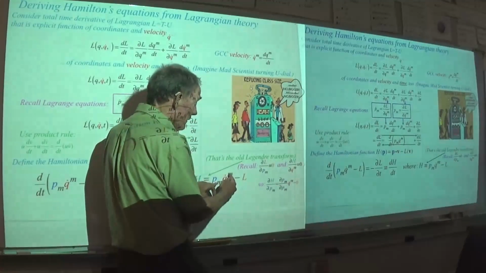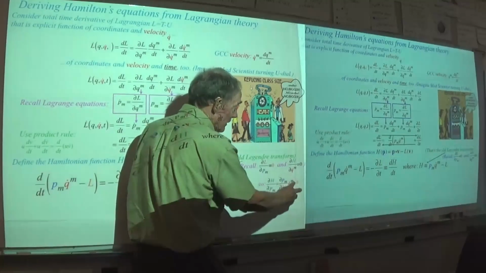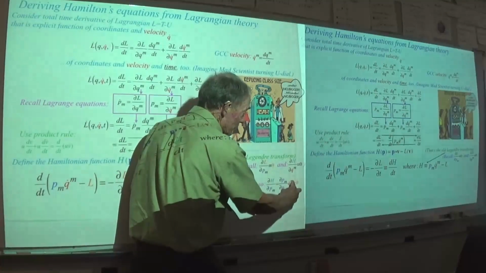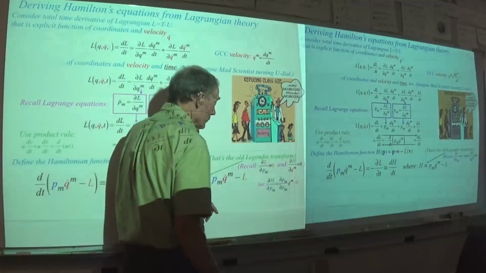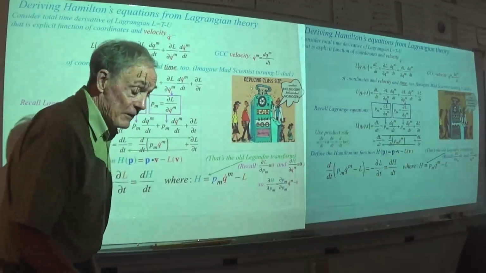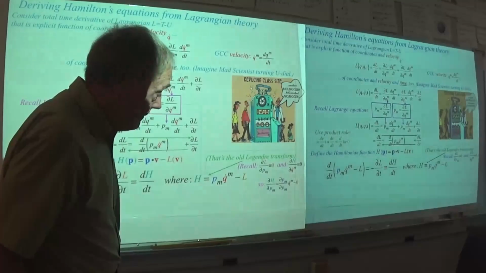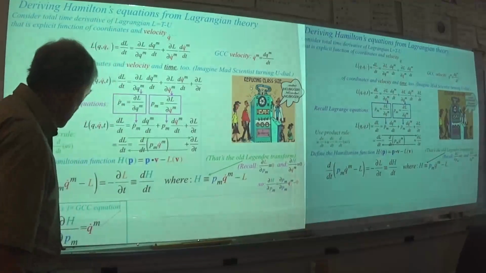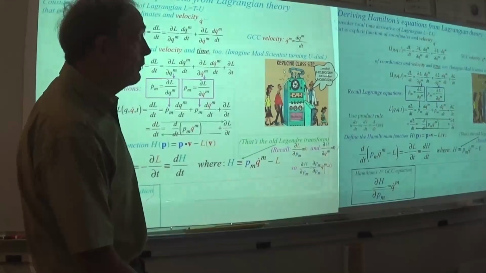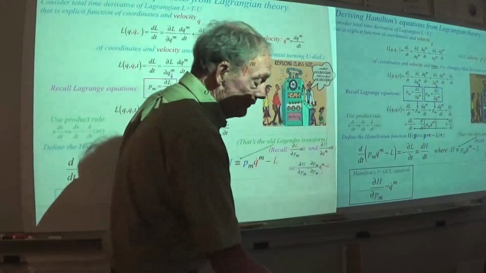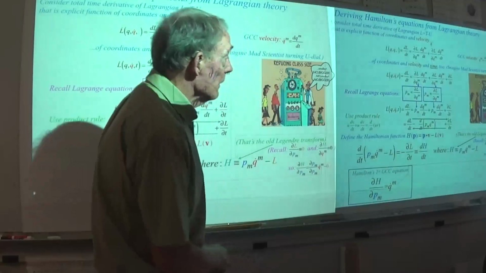I am here, but when I do this partial, well, it's on both sides, so I'm going to get just plain Q dot M is the partial of H with respect to PM. And that is Hamilton's first equation. Writing it over here. Hamilton's first generalized curvilinear coordinate equation is that guy right there. Let's get it down here as well. Okay?